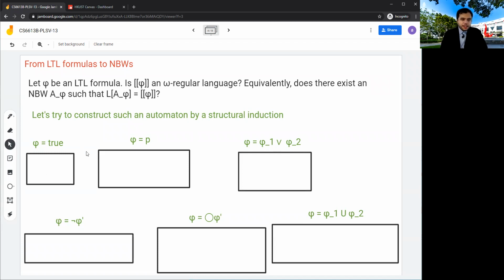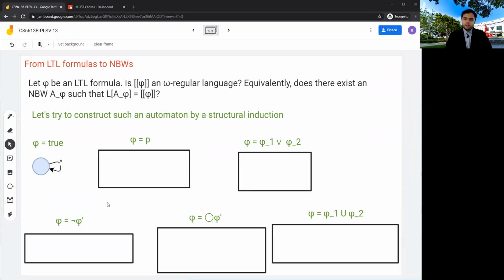Okay, the simplest case, if phi is true, then every string satisfies phi. So all I need is a non-deterministic Büchi automaton that accepts everything, right? And I can have it like this. It doesn't matter what you give it, it just remains in the one accepting state forever.